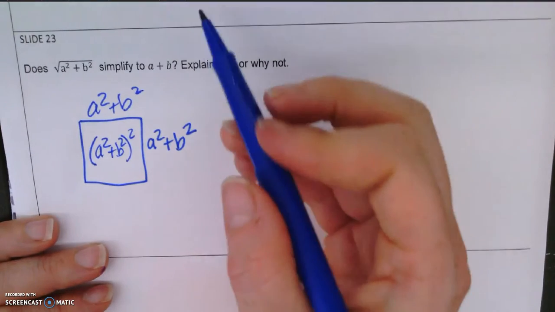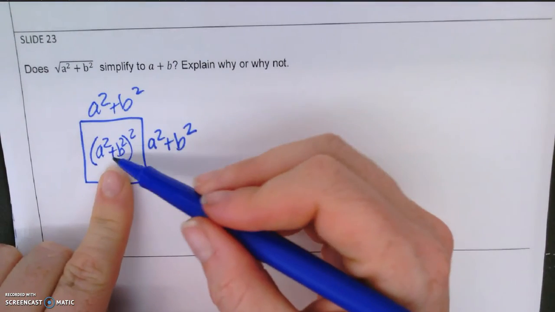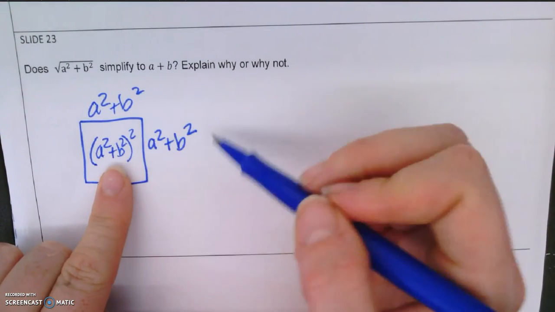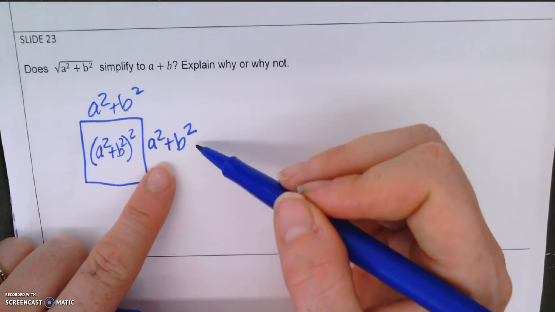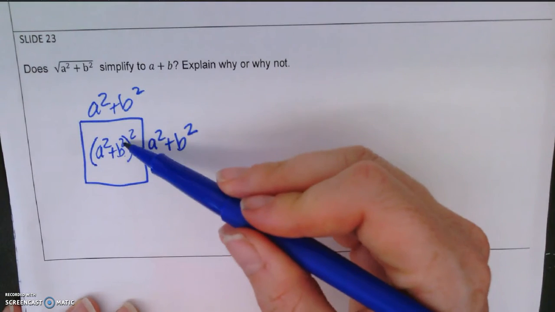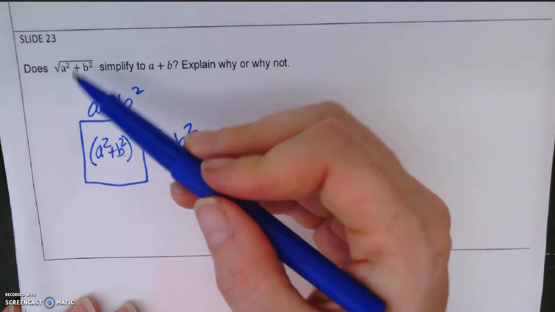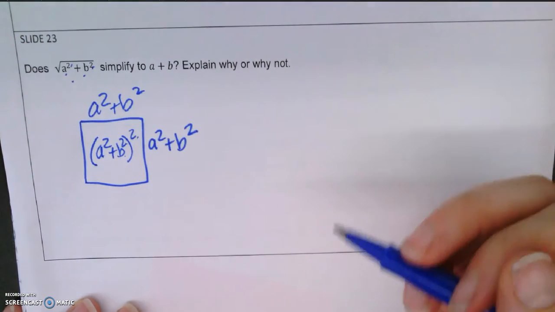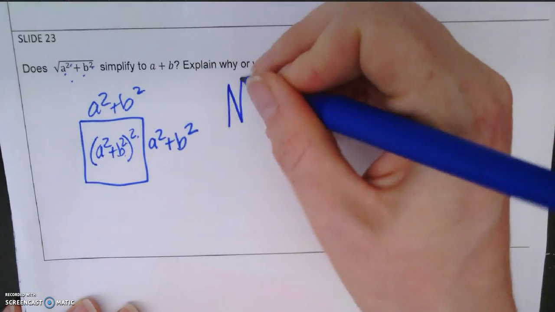Is that the same thing? If I take the square root of A squared plus B squared squared, I get A squared plus B squared. But here, you're not taking the square root of A squared plus B squared squared. You're just taking the square root of A squared plus B squared. So I'm going to say no.